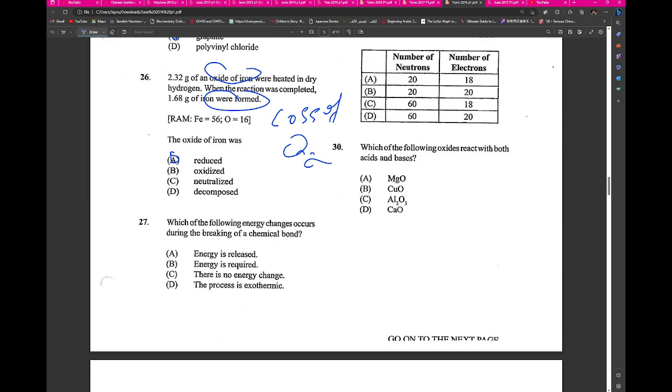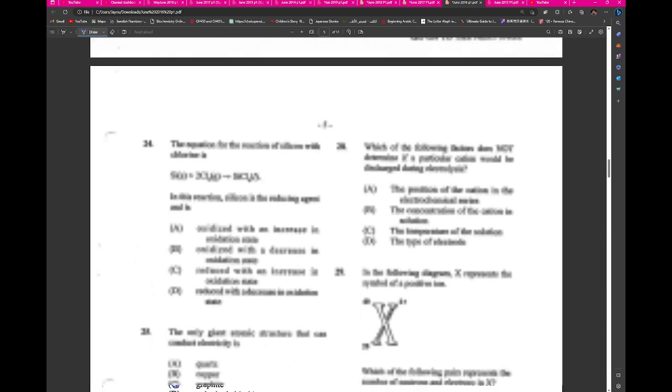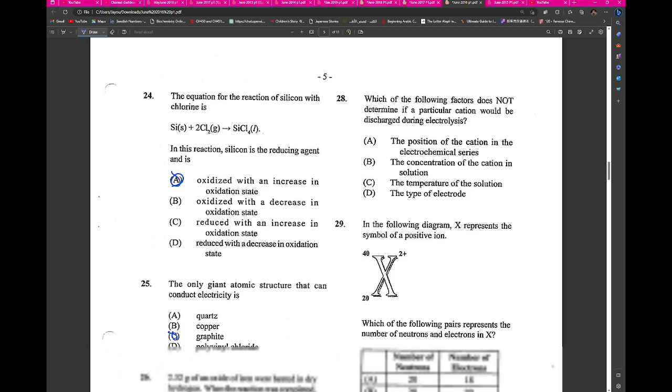So I think that the process of breaking a bond, because you absorb energy to break the bond, would be endothermic. So I think energy is required. Right. 20. What is 28? Which of the following factors does not determine whether a particular cation would be discharged during electrolysis?